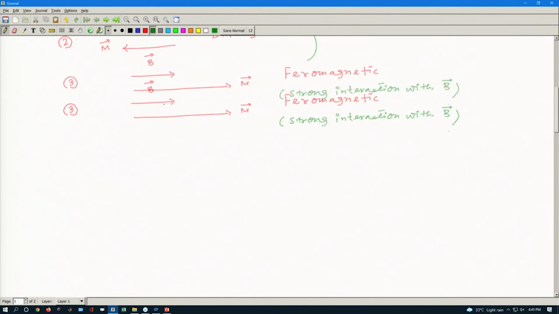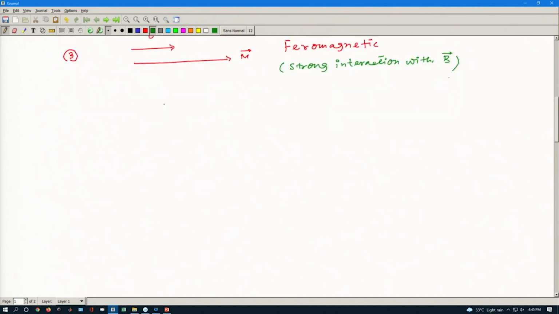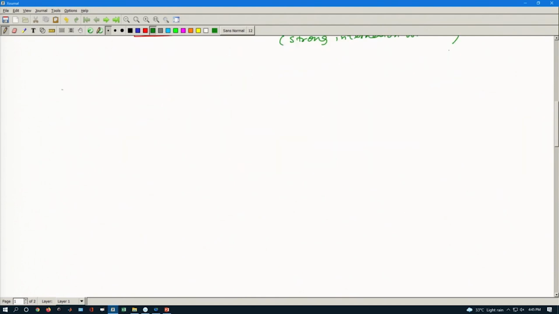So far so good. Let us try to understand in a more quantitative manner. We already had an expression relating the magnetic moment per unit volume, that is the magnetization, with the magnetic field H. That is the relation we derived a couple of classes ago.